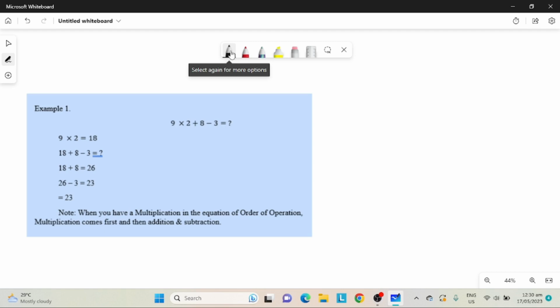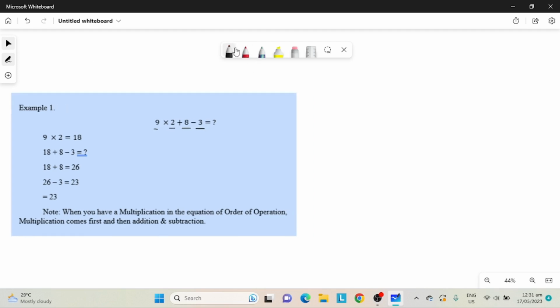So let's go back to the example, which is 9 times 2 plus 8 minus 3 is equal to blank. In this case, we have 9 times 2, then 8 minus 3. Just like I said earlier, in order of operations, multiplication and division are more prioritized than addition and subtraction.